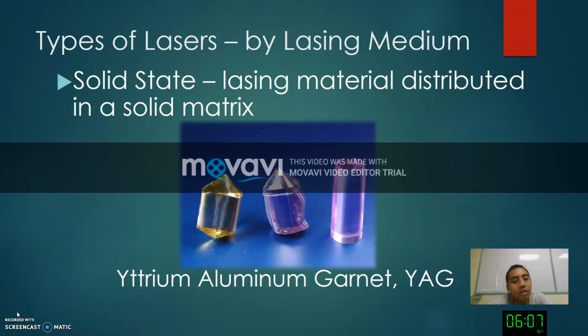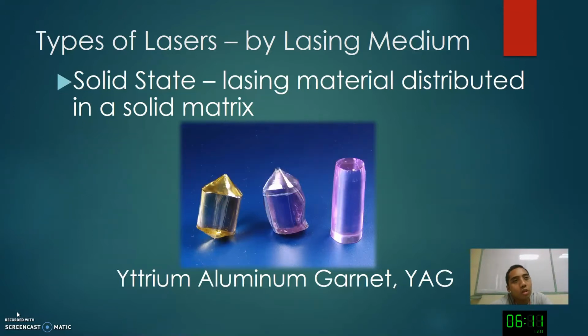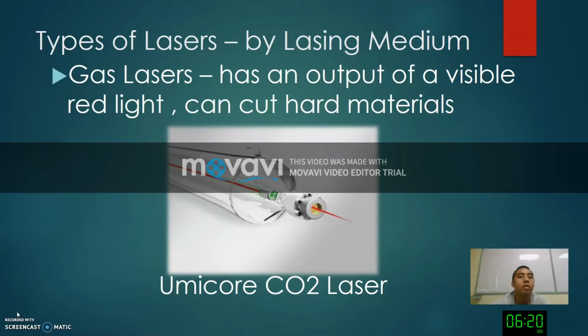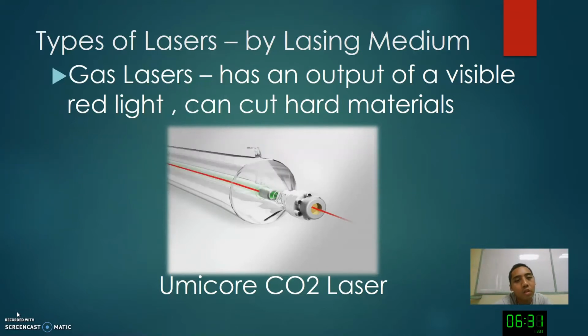This YAG is used in a YAG laser, which is used in construction or industrial uses. The next type of laser is the gas laser. This gas laser has an output of a visible red light and can cut hard materials. An example of which is the CO2 laser, which makes use of CO2 as a lasing material.